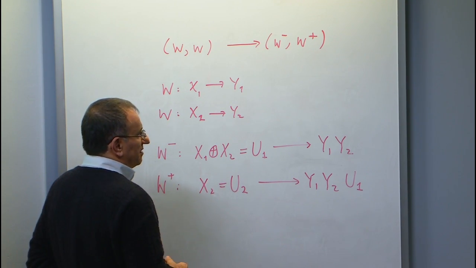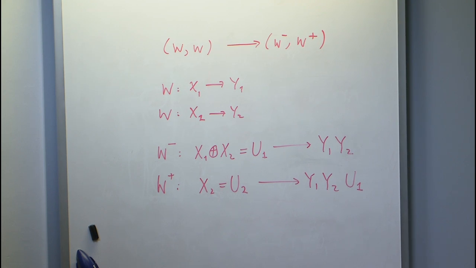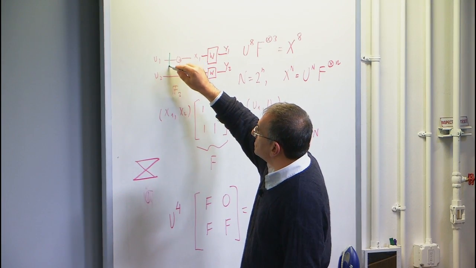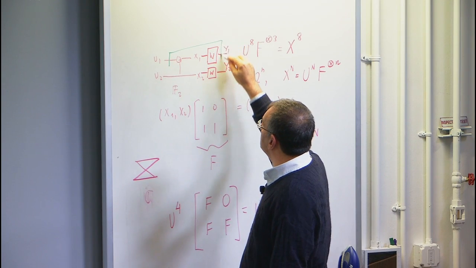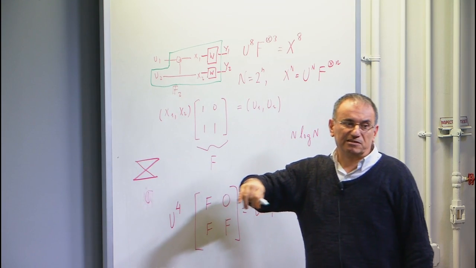I have already drawn this picture, so let me just show it here. This is channel W, this is channel W. Here we have Y1, here we have Y2. So the W minus channel is this one, treating this as noise, so we may just include it inside the box.